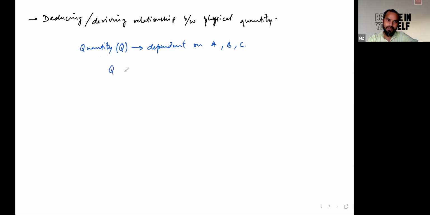Let's say Q proportional to A, B, and C. In this particular expression, Q would not be directly proportional to A, B, and C. It might be some exponent over there. So it would be A raised to the power X, B raised to the power Y, and C raised to the power Z, so that the dimension of this part and this part would be equal.